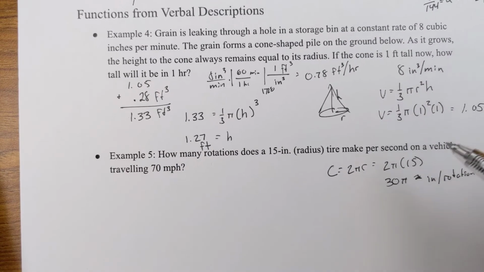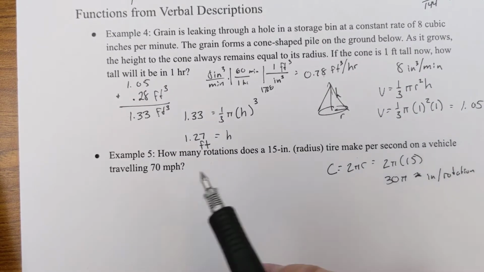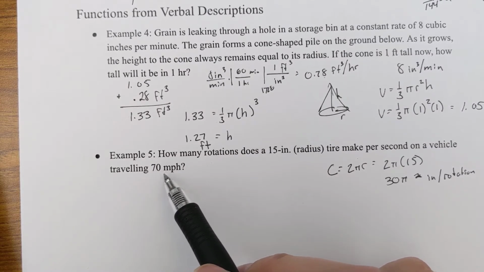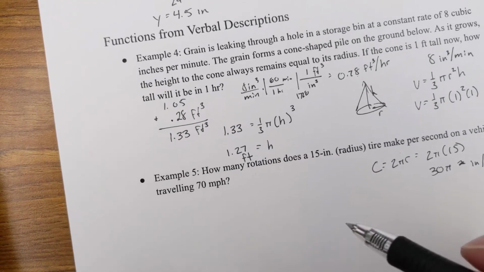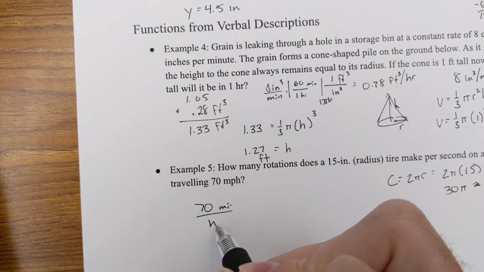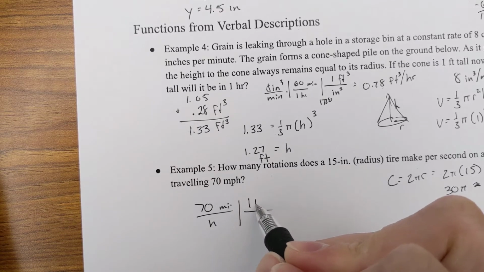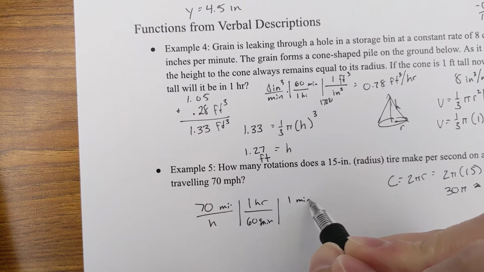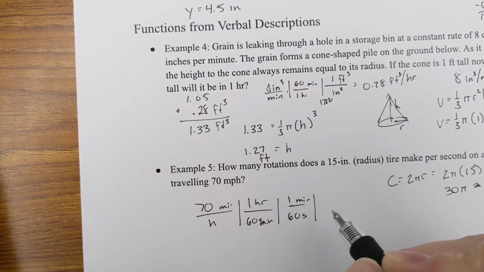So let's see here, per second on a vehicle traveling 70 miles per hour. So I need to figure out what 70 miles per hour is in inches per second. So 70 miles per hour. In 1 hour there are 60 minutes. In 1 minute, there are 60 seconds.